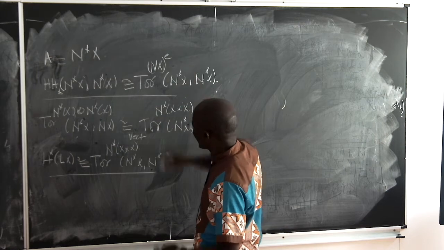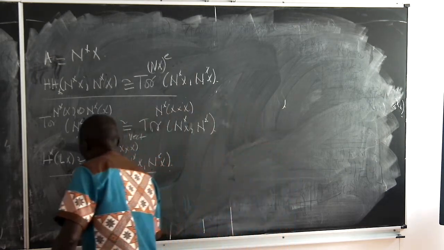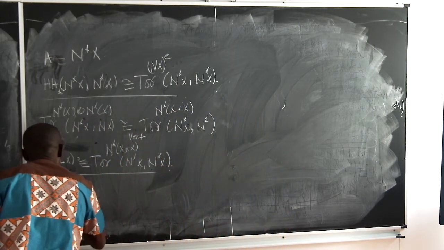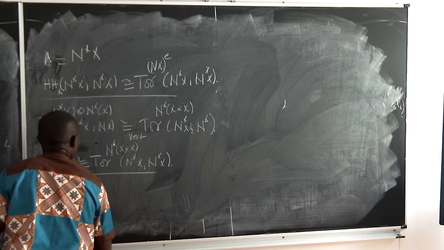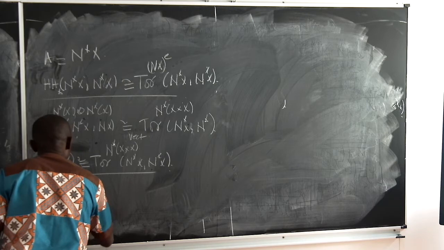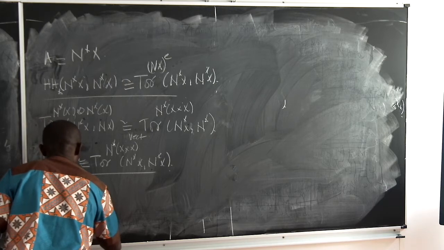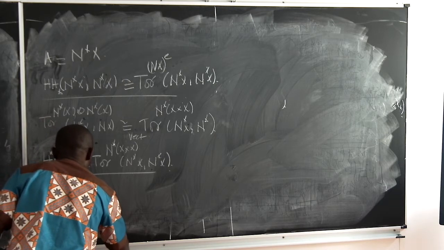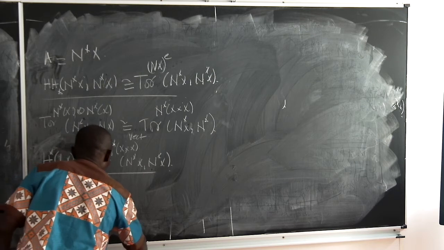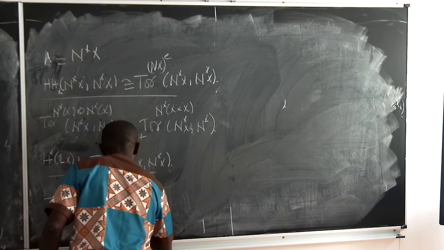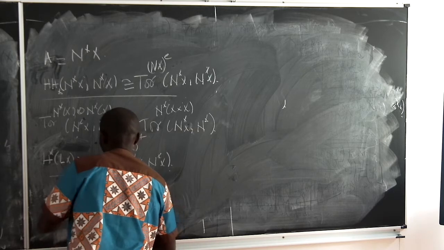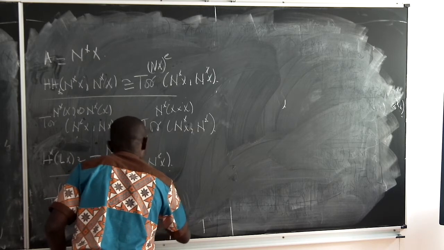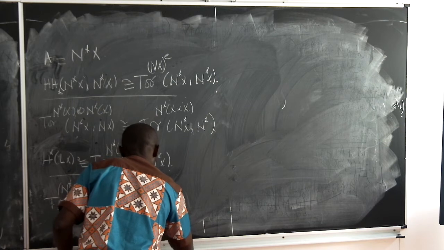That relation we have because I told you that we have Tor of Nx of Nx isomorphic to Tor of Cx and Cx.